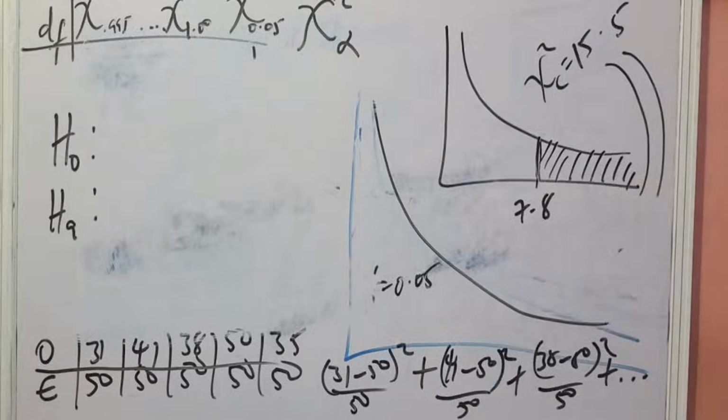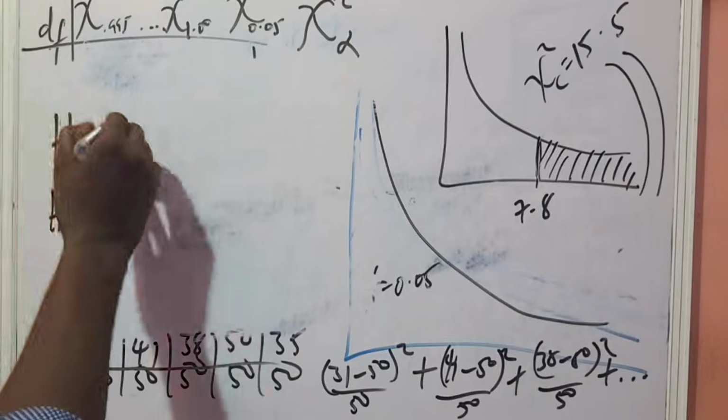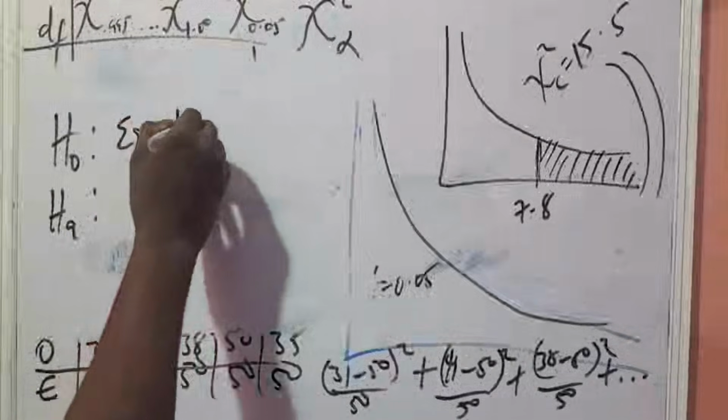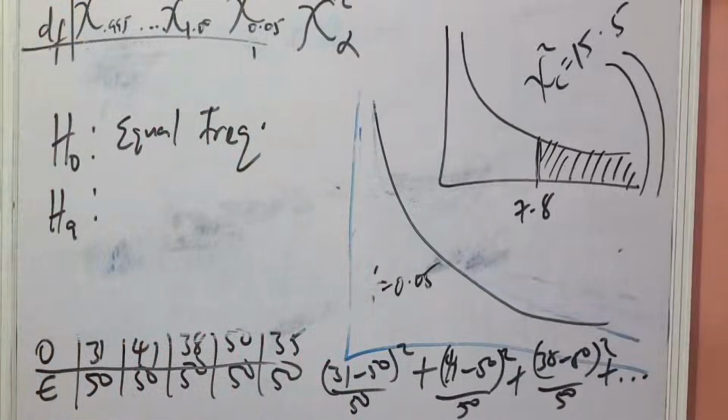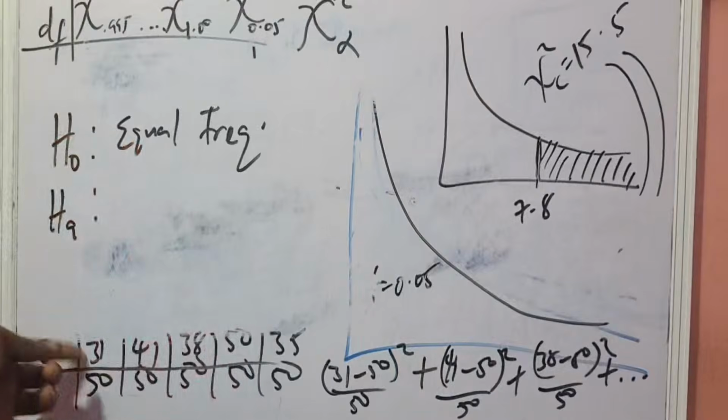All right. So look at this case now. When I have this scenario, I probably want to write equal frequencies as my null hypothesis. I told you guys already that sometimes the wordings of what you may write may be different, but in the end, they must still have the same context. So when I say equal frequency, what I mean is that the observed actually had an equal frequency with the expected.